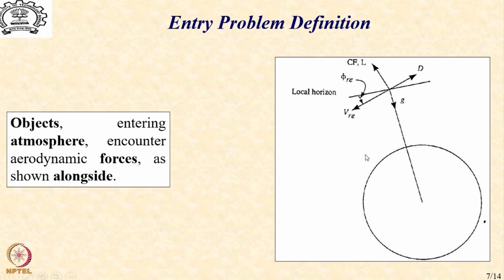Apart from this, we can clearly see that as it enters the atmosphere, it will generate a drag force which is opposite to the velocity direction. It will have a gravitational force which will be pointed towards the radial direction, and in general, if it is a lifting vehicle, it will also generate a lift.